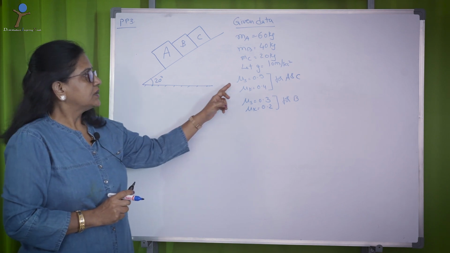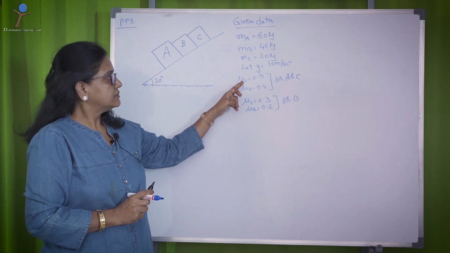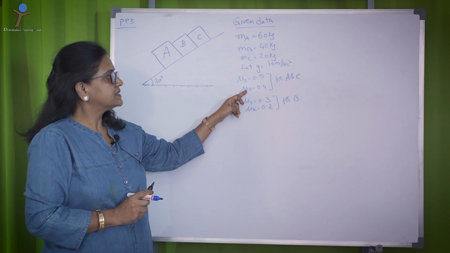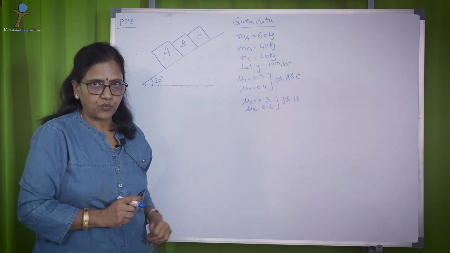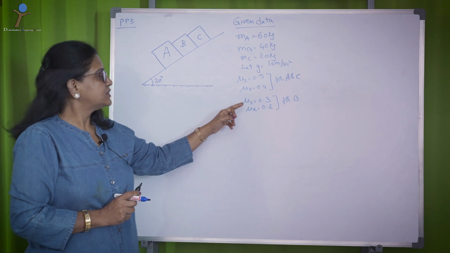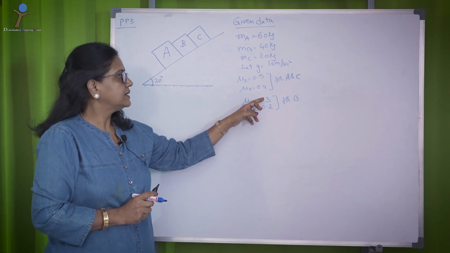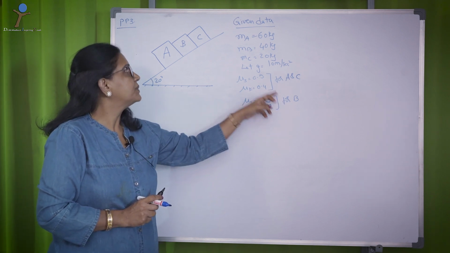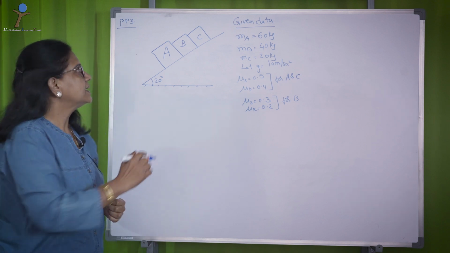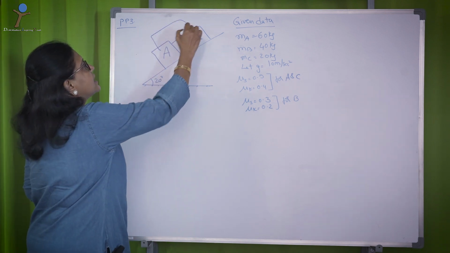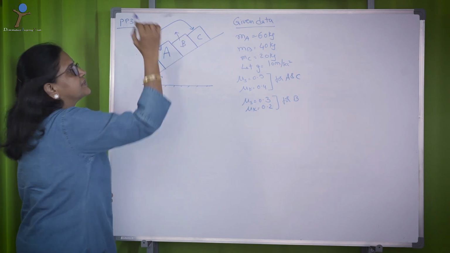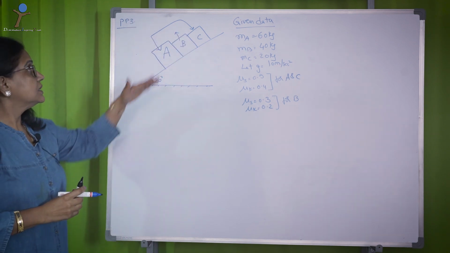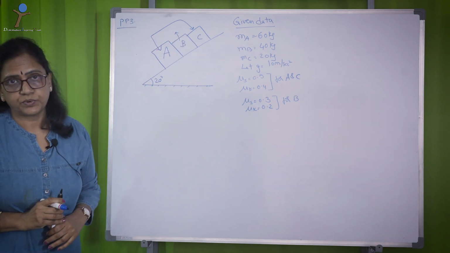Now, the coefficients of friction in static and kinetic conditions for A and C are 0.5 and 0.4, and the coefficients of friction for static and kinetic are 0.3 and 0.2 for B. That means A and C are one material and B is a different material, because the surface is common to both.